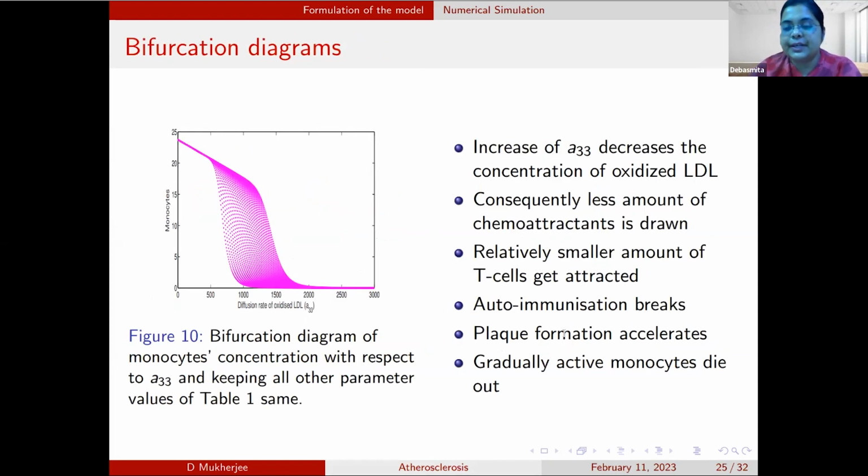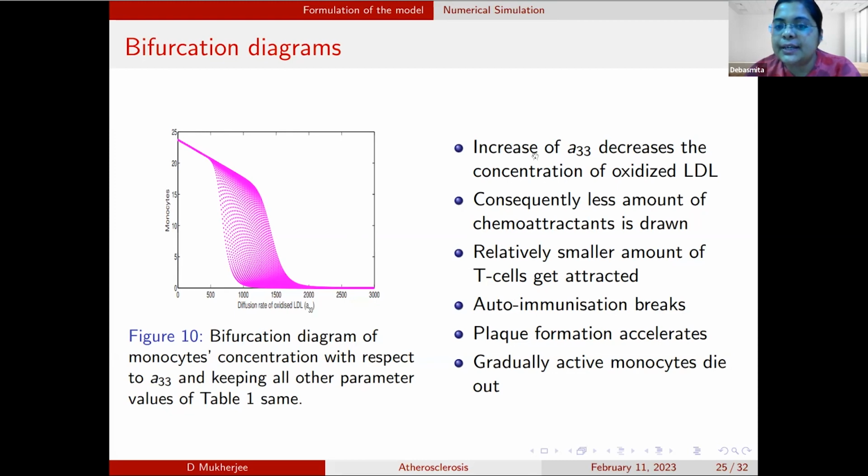Now next is the bifurcation diagram. We have found the bifurcation with respect to the parameter A33, and all other parameters we have kept the same as visible in the last table. So what does it suggest?